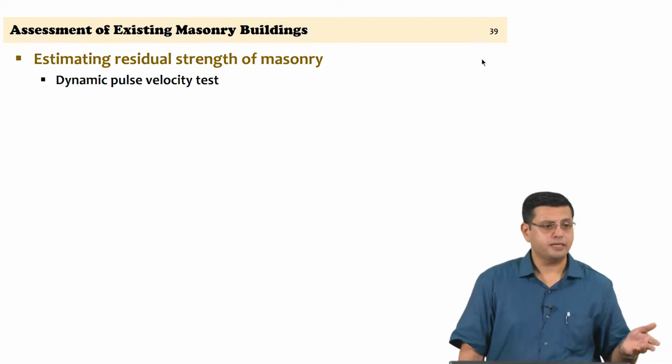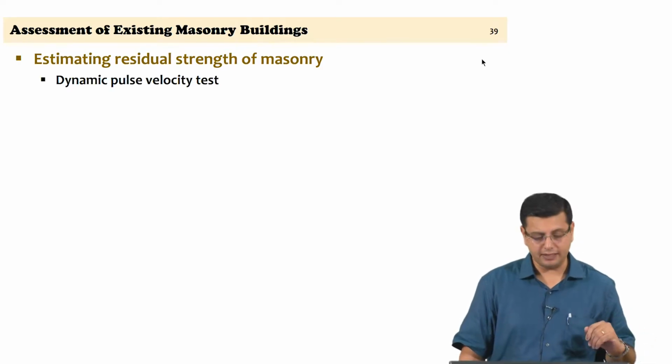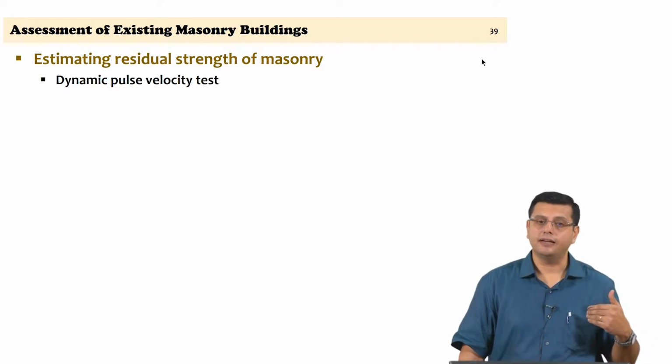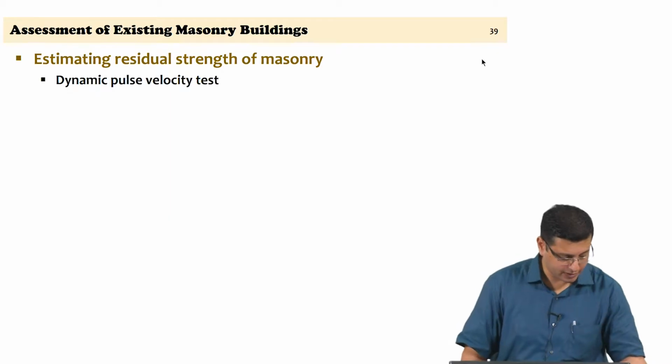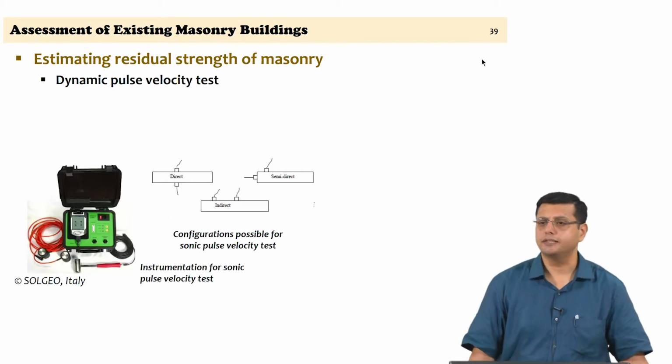So, pulse velocity tests are typically done for concrete as well. As you know, you do this ultrasonic pulse velocity test, UPV test, we are talking about the same technique, the dynamic pulse velocity test, dynamic because you are creating an impact and waves that are generated by impact. So, it is actually dynamic pulse velocity test that we are talking about, and instrumentation is typically simple.